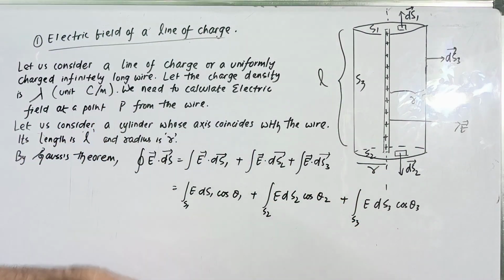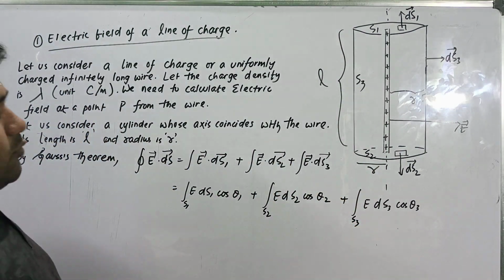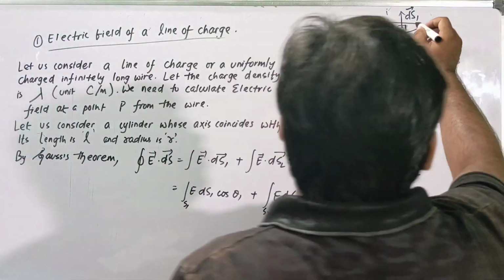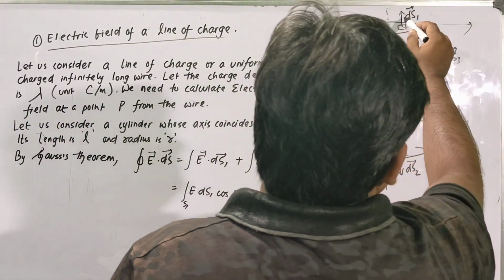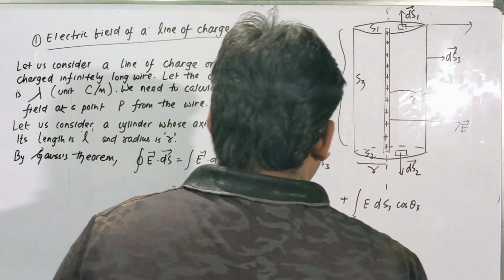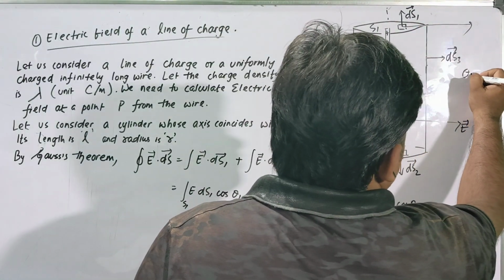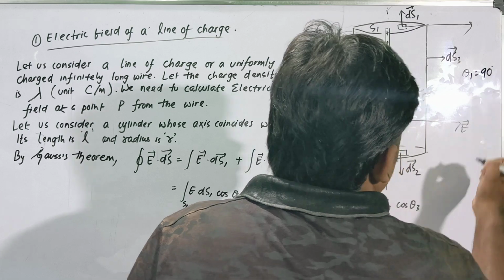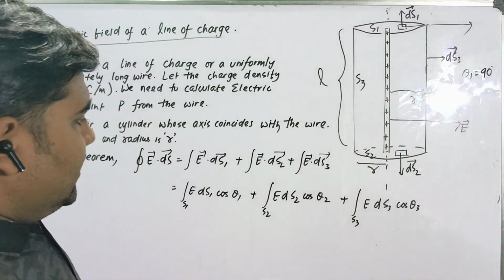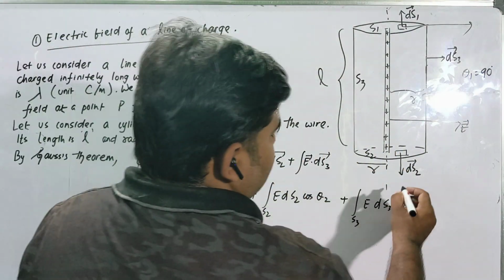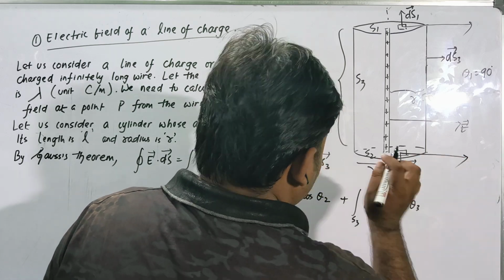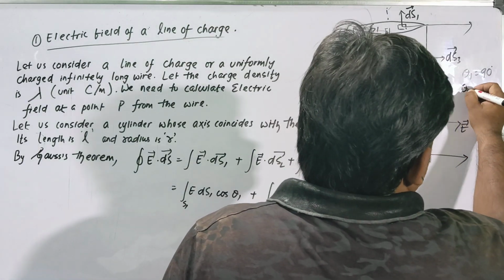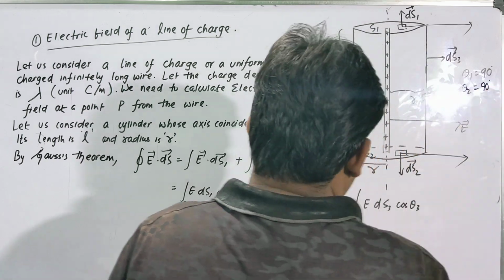Now consider S1. What is theta 1? As the electric field is always going to this side, you can see that theta 1 is equal to 90 degrees. This is our observation, theta 1 is always 90 degrees. And what is cos theta 2? Since it is also going this side, theta 2 is also 90 degrees.